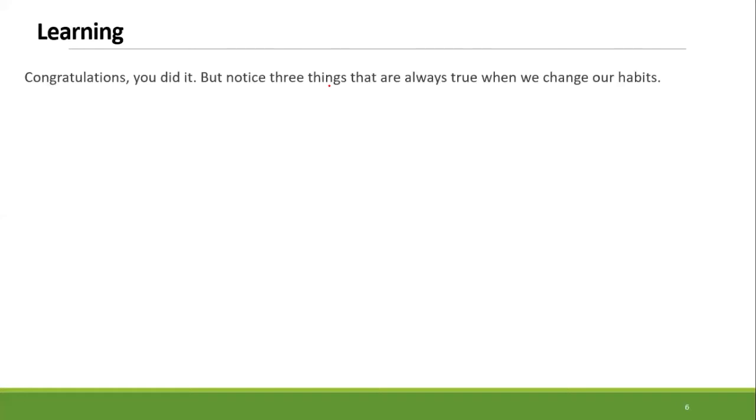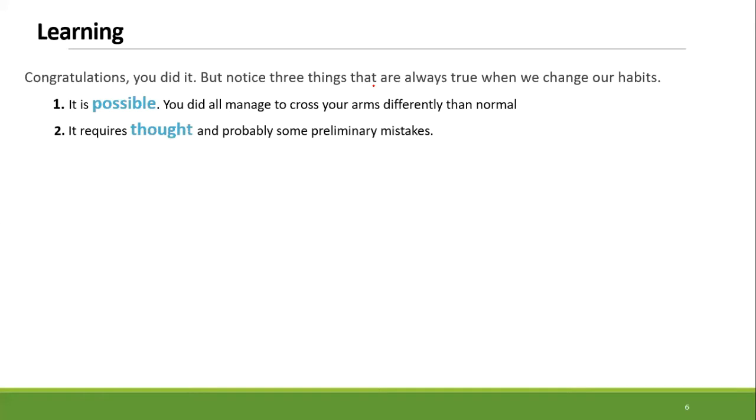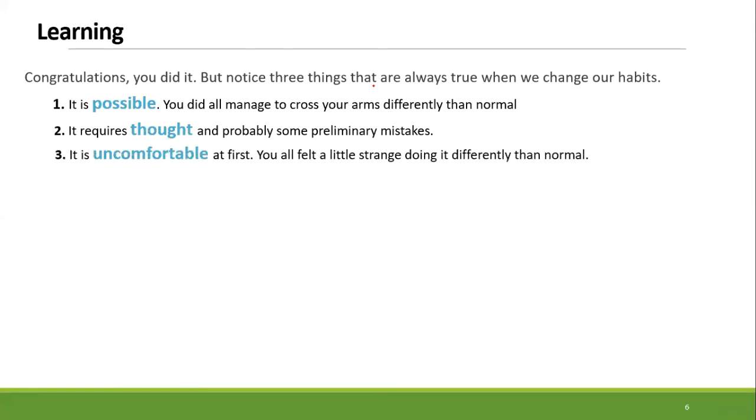So congratulations to whoever did that. But notice three things when we did this in the alternate way. First, it was possible, right? Every one of us could do that. We managed to cross our hands differently than normal. Second, and this is very interesting, we required some thought to do that differently.